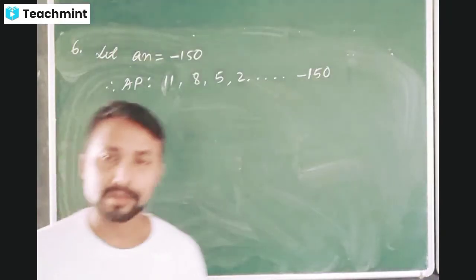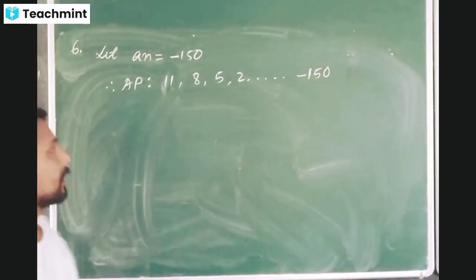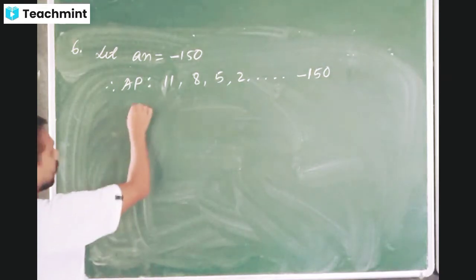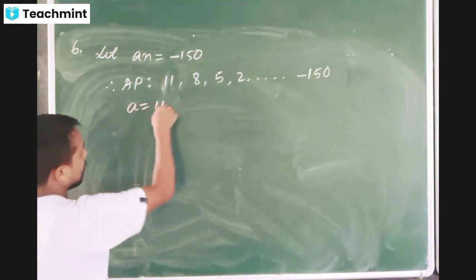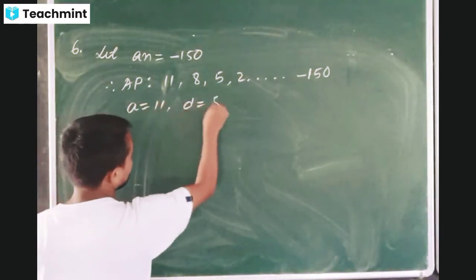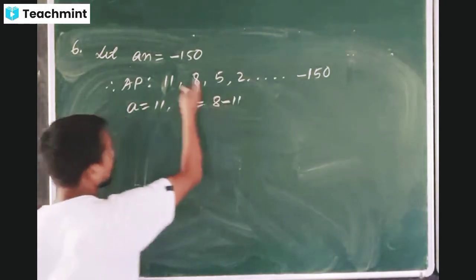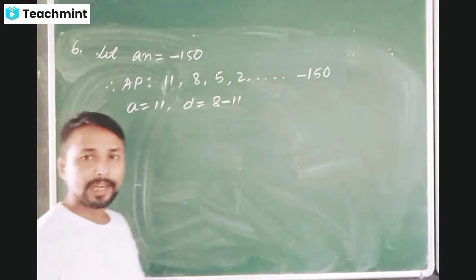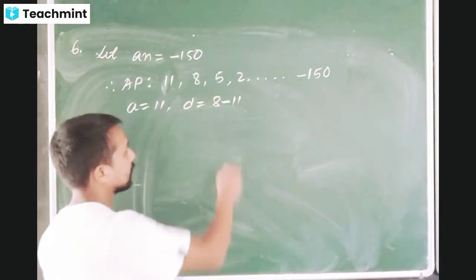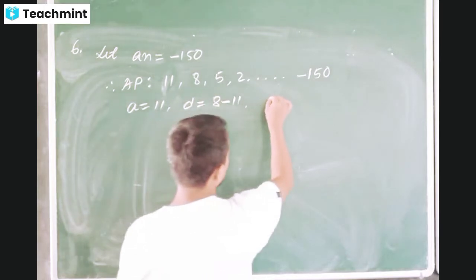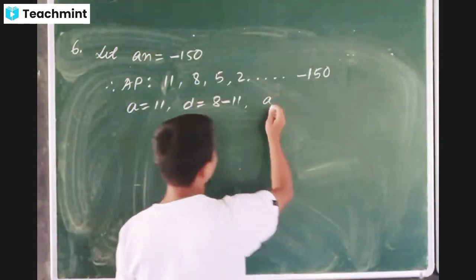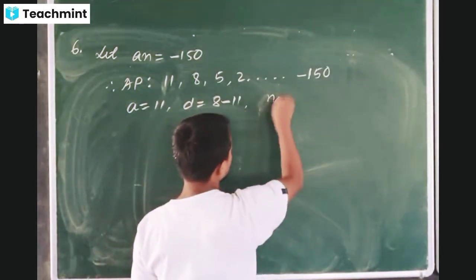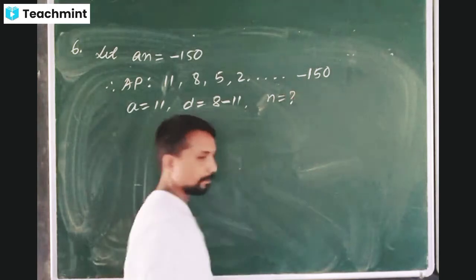We need to find the value of n here. a is 11, d is 8 minus 11, that is, from the second term we subtract the first term. Then a_n we have already taken as minus 150. Then the value of n we need to find.